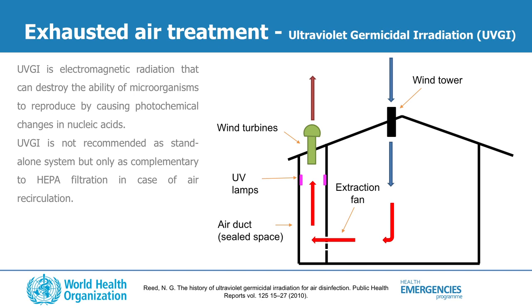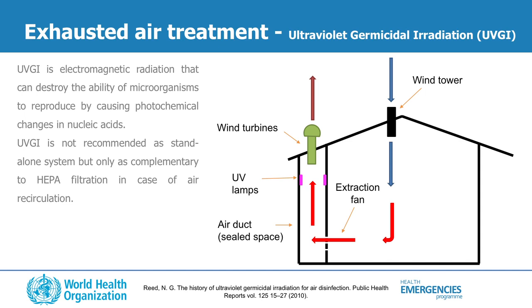UVGI, ultraviolet germicidal irradiation, is an electromagnetic radiation that can destroy the ability of microorganisms to reproduce by causing photochemical change in nucleic acids. UVGI is not recommended as a standalone system, but only as a complement to HEPA filtration in case of higher recirculation.